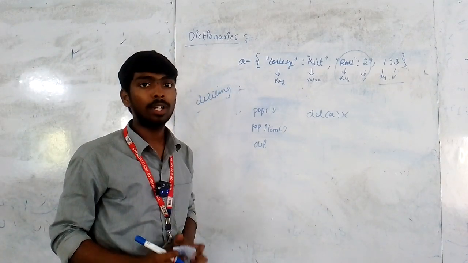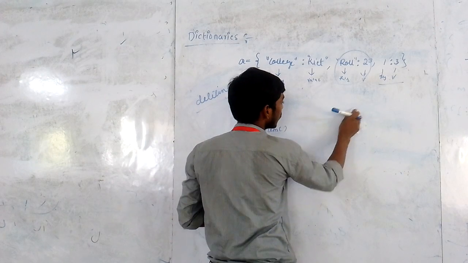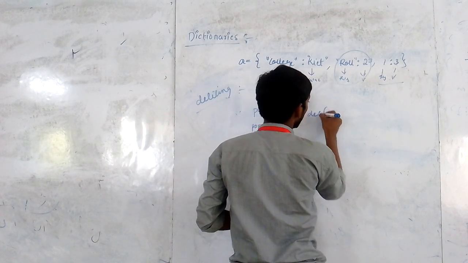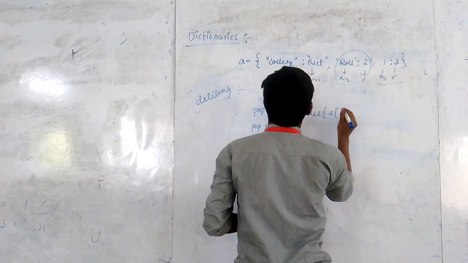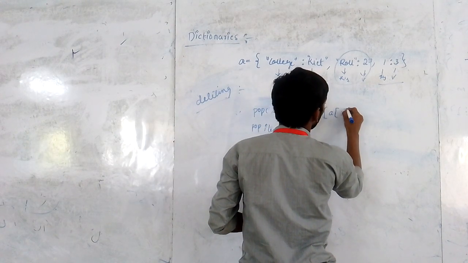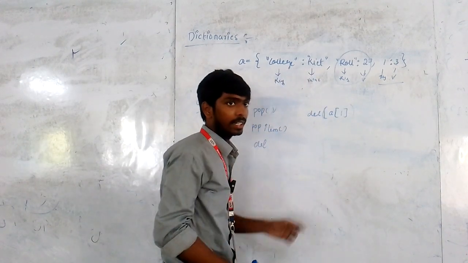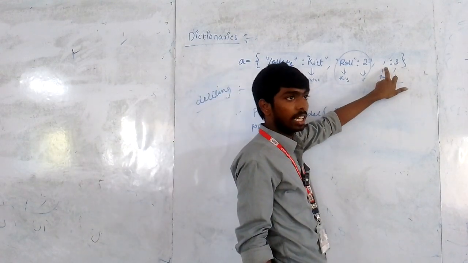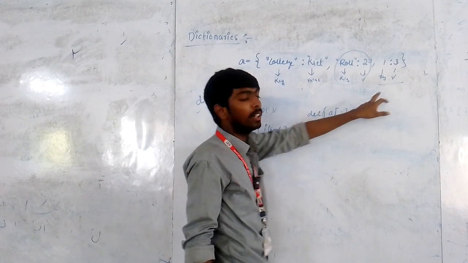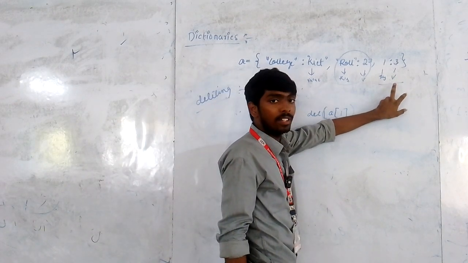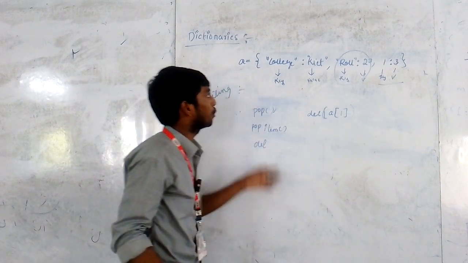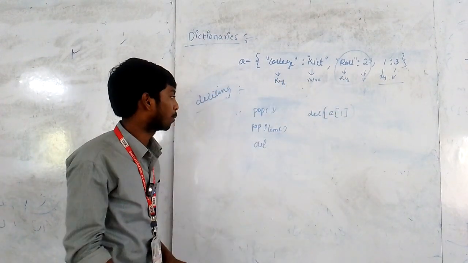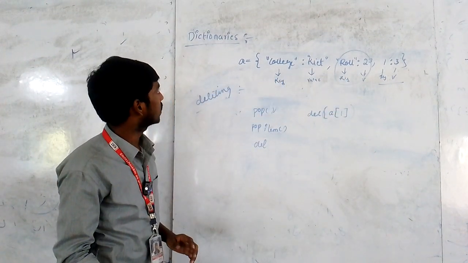So how can you delete? If you write del of a of 1, which means 1 is the key, it will delete the value of 1. The required output is college kite, roll 27. These are the deleting options in dictionaries.